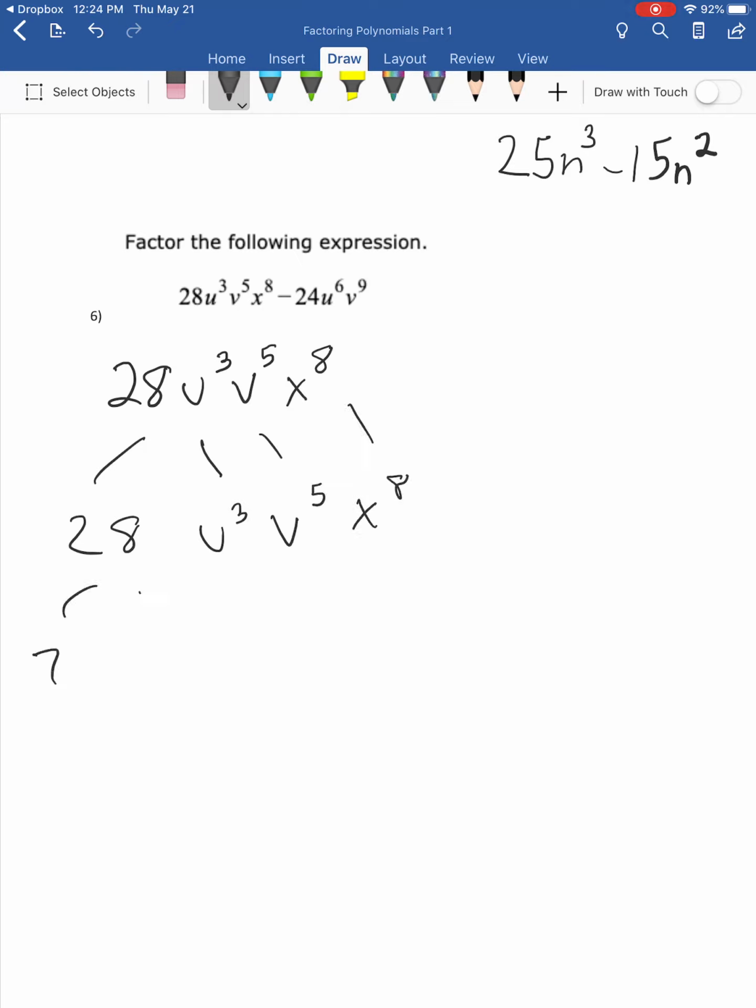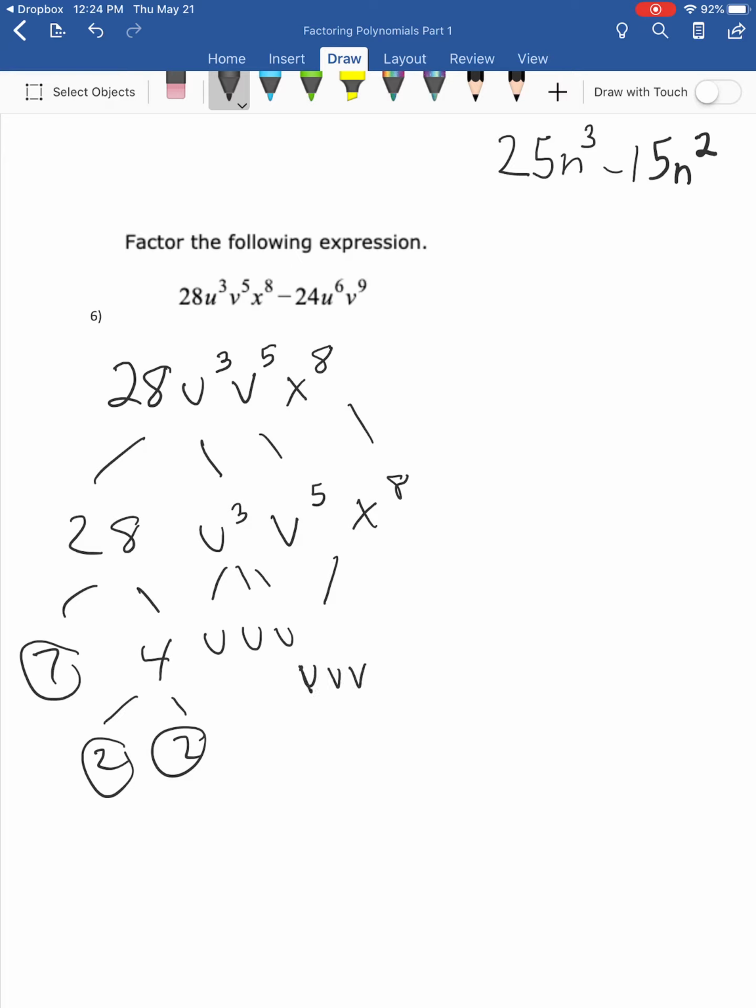So that's going to be 7, 4, 7's a prime, 2, and 2. Those are each primes. So we got u, and we've got v, v, v, v, v, and then 1, 2, 3, 4, 5, 6, 7, 8 x's.